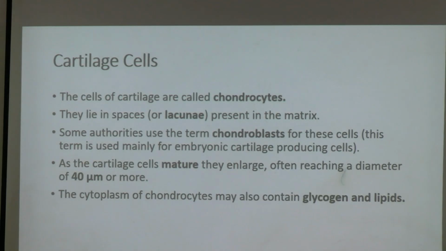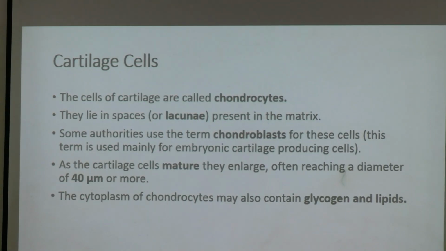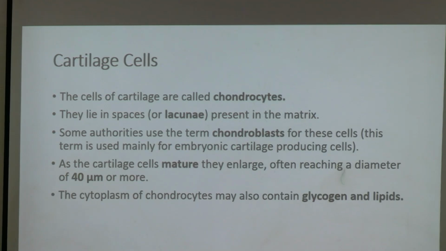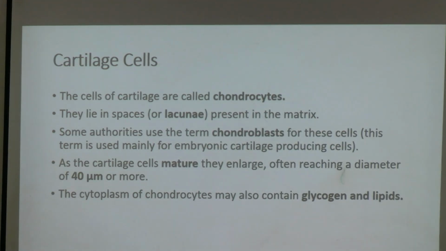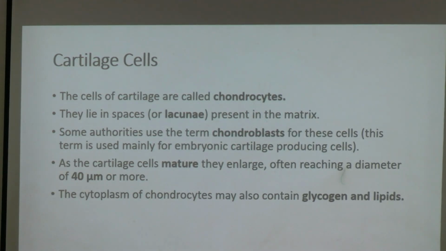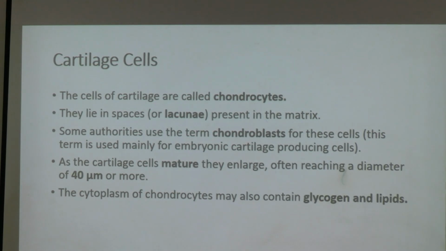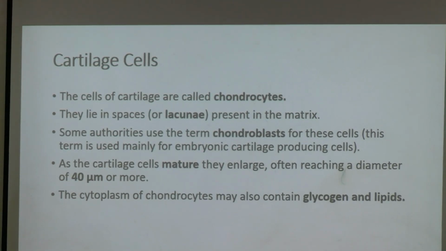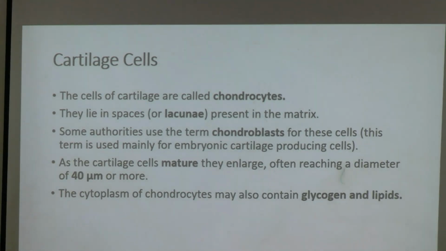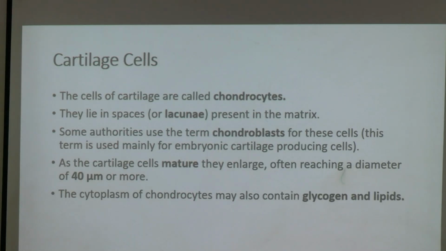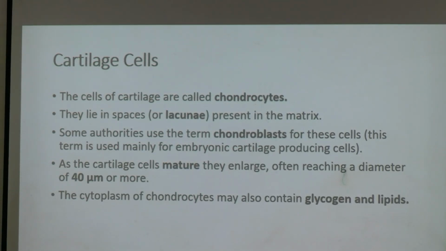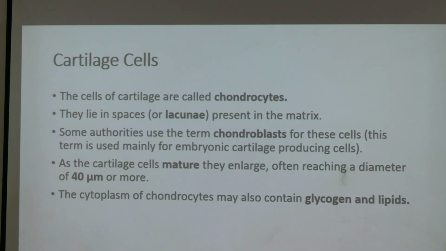They lie in spaces or lacunae present in the matrix. Some authorities use the term chondroblasts for these cells. This term is used mainly for embryonic cartilage producing cells. As the cartilage cells mature, they enlarge, often reaching a diameter of 40 micrometers or more. The cytoplasm of chondrocytes may also contain glycogen and glucose.